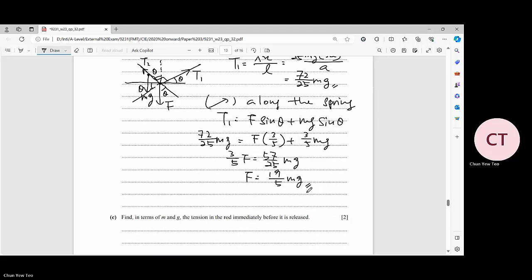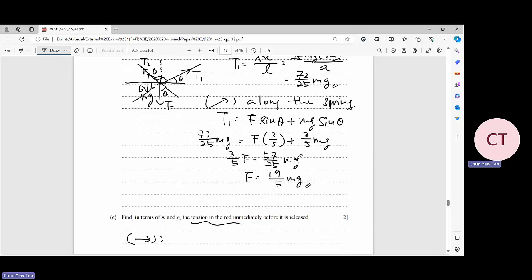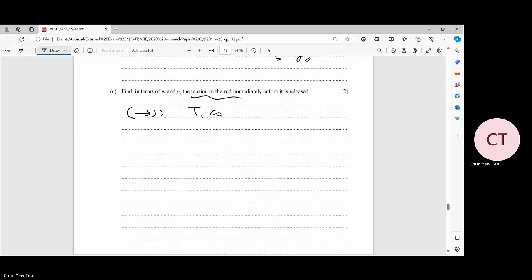Okay. Then for the tension in the rod, we can resolve the forces horizontally. So if we resolve the forces horizontally, it will be T1. Okay, I clear the diagram here. So you can see that actually I do not need to be so complicated anymore, because if we resolve the forces horizontally, then it will be T1 cos theta and T2 sin theta. So T1 cos theta is equal to T2 sin theta.